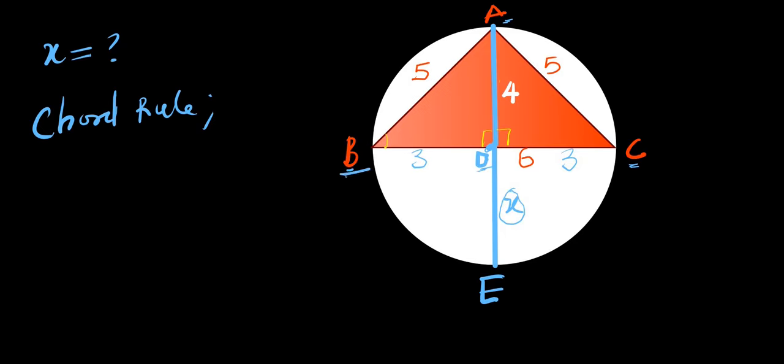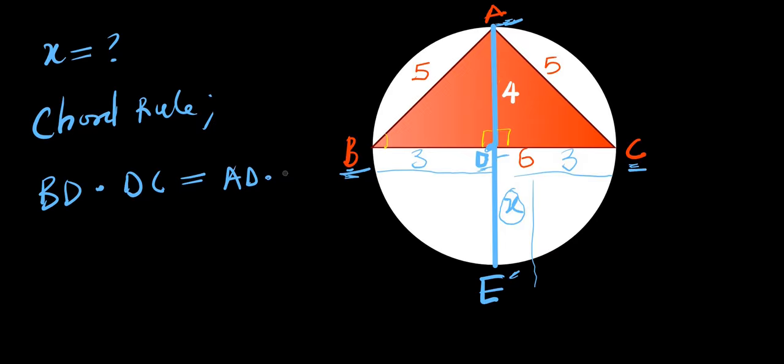Meaning, since we have two chords here, BC here is a chord, AE here is a chord. Now, this segment here multiplying this segment equals this segment here multiplying this segment here. That means what we are going to have is BD times DC equals AD times DE.